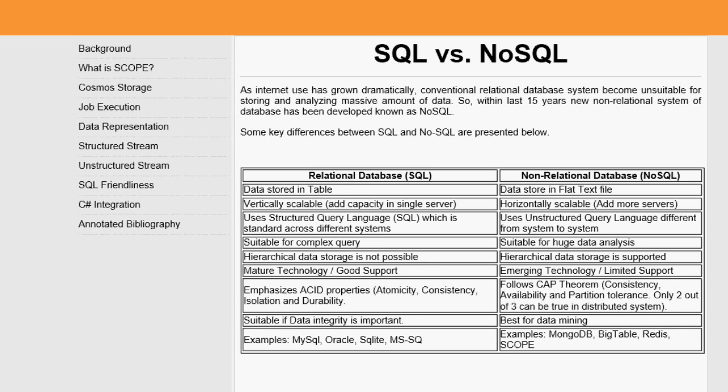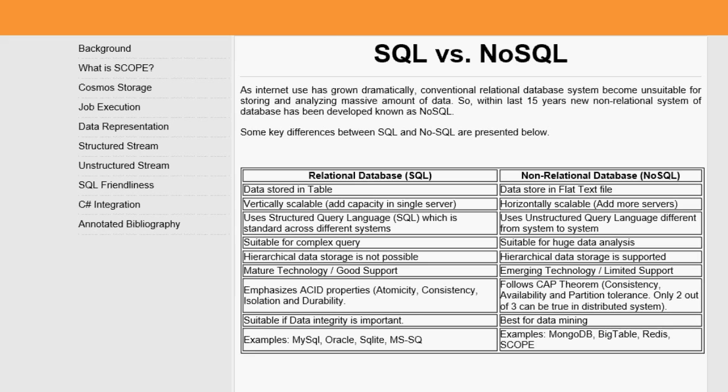A relational database system is suitable for complex queries and relations between different tables. But a non-relational database is good for huge databases. In a relational database, hierarchical data storage is not possible, but in non-relational databases you can establish a hierarchy between the data.